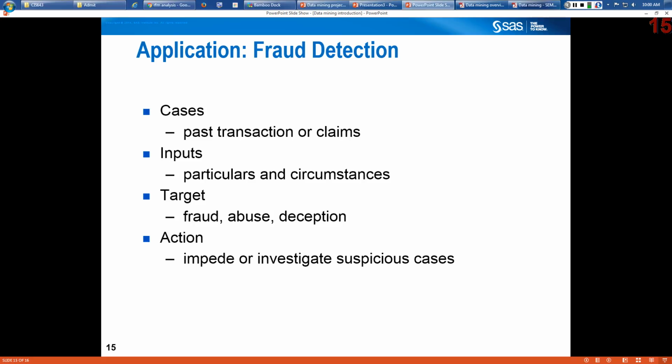So these are things that can be identified by studying the customer data. The idea behind all this is to minimize such fraudulent transactions, and so that again is another application.